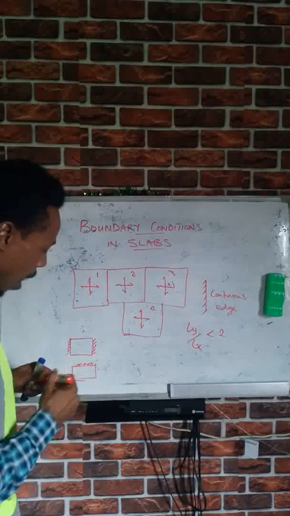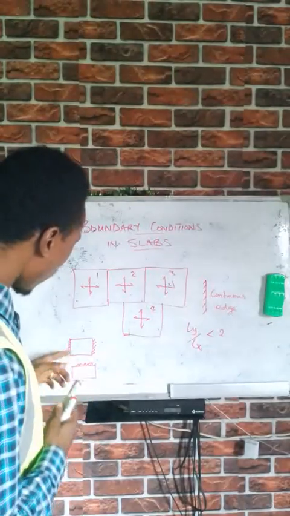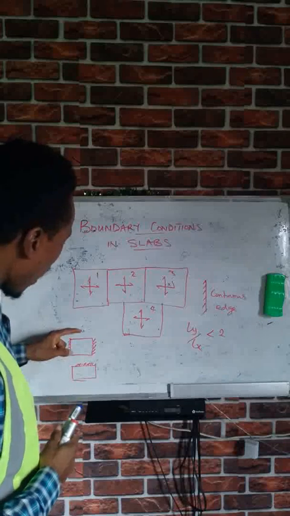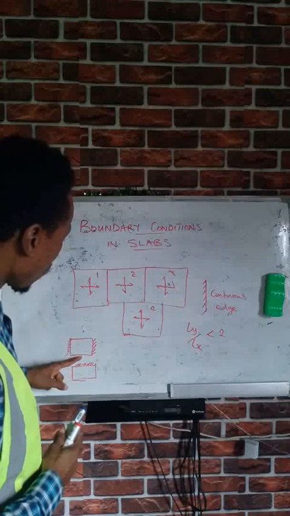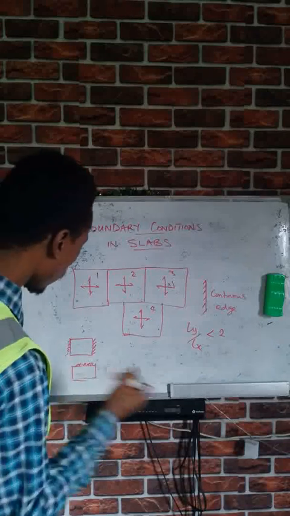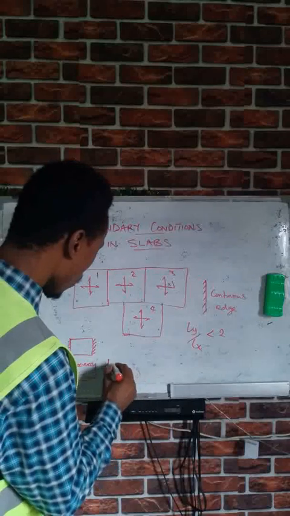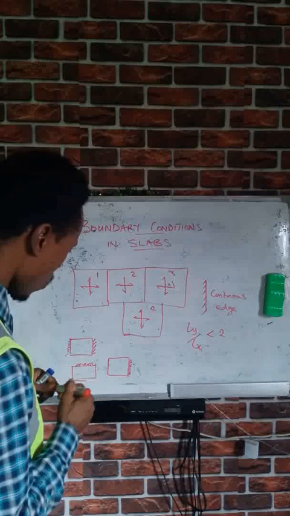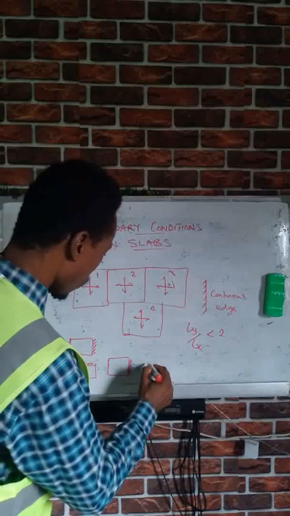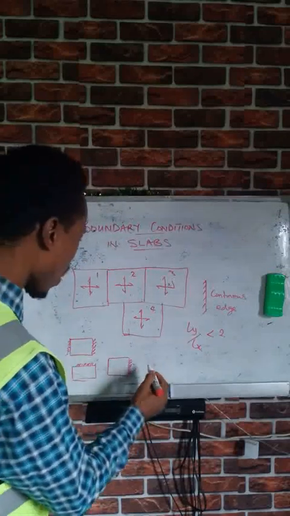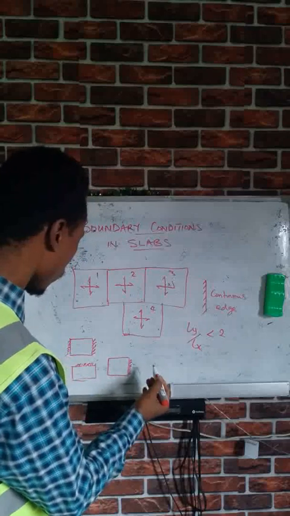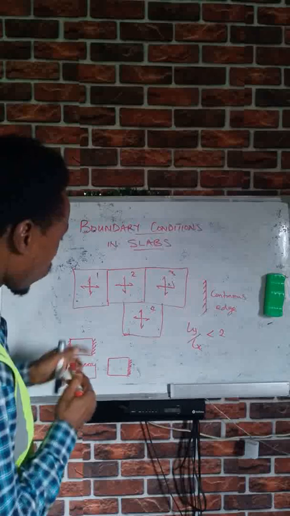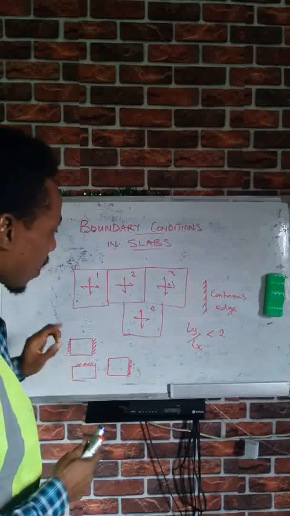What this means is that these two edges are continuous while these two ends are free. Then there are some cases where we have the shorter side continuous. There are some other boundary conditions, but let me use this as an example.